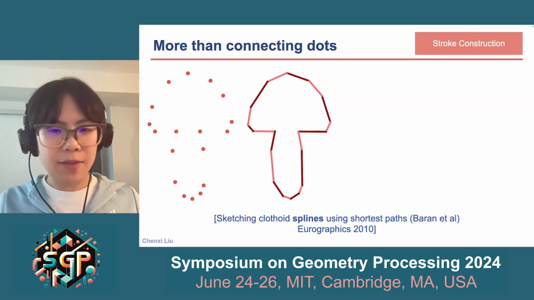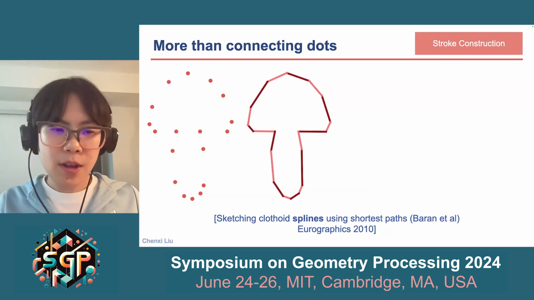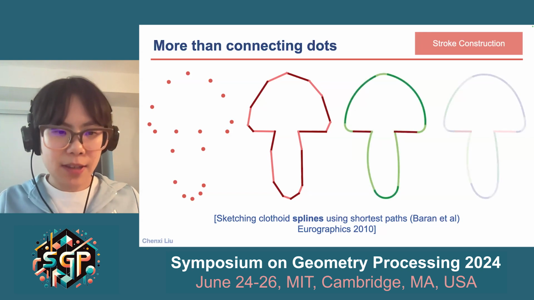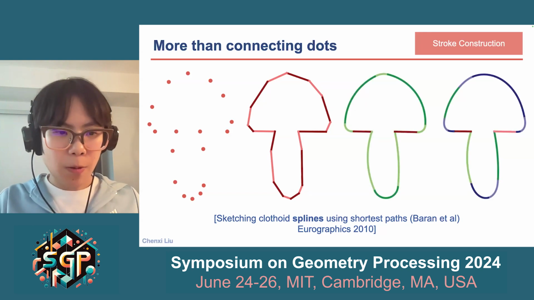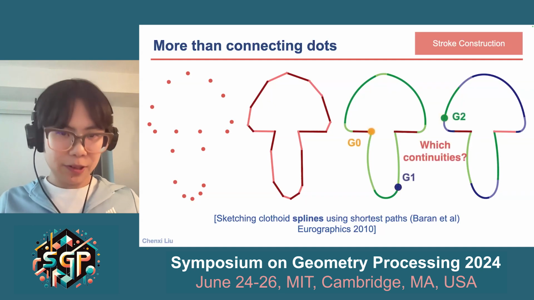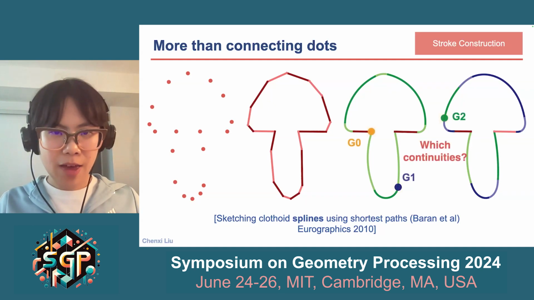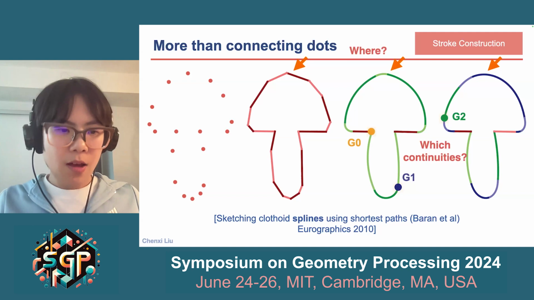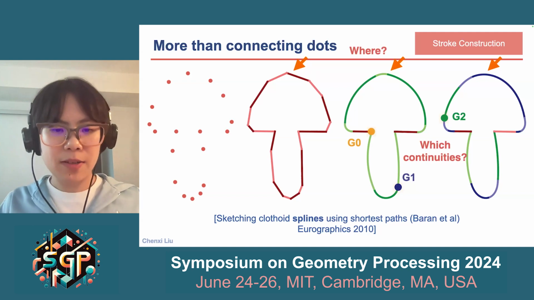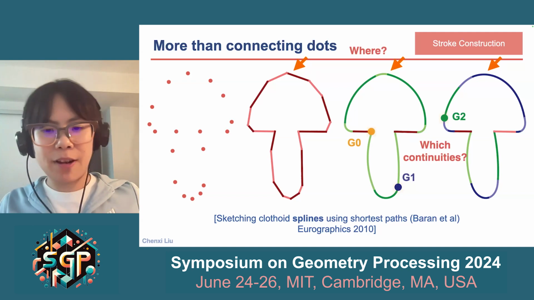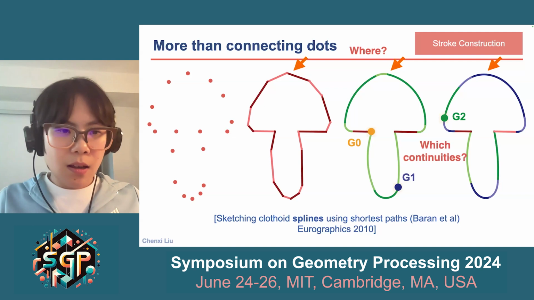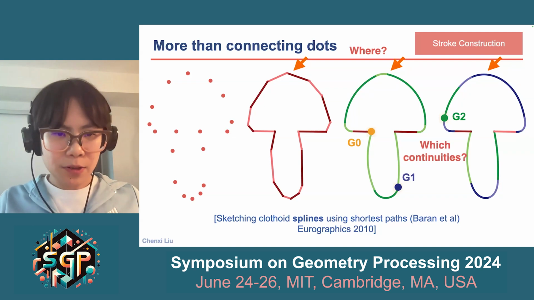It's jaggy, and we need to store all the points. We can construct splines instead, like these two. Here are two sub-questions. One is which connectivities we pick, and the other one is where to put them. For different locations, we approximate the input samples with different accuracies. This is pretty much a solved problem for 2D.